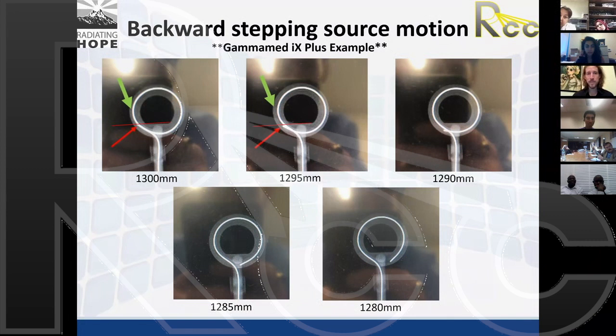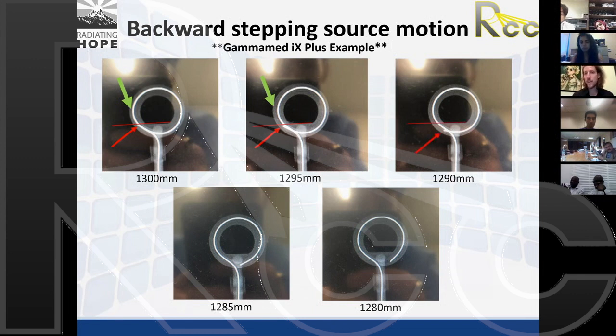And what that means is, we draw the same line, and you look at the tip of the source, it's barely moved from 1300 to 1295. And that's because most of the motion went into those green arrows where it's just tightened around the ring without actually moving the source backwards. So this is a very important concept for stepping backward systems.